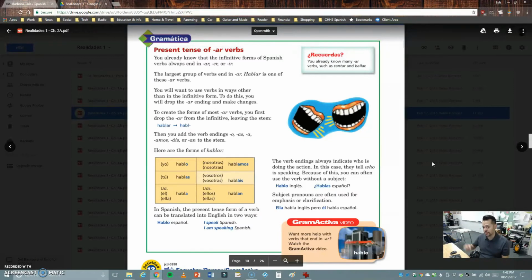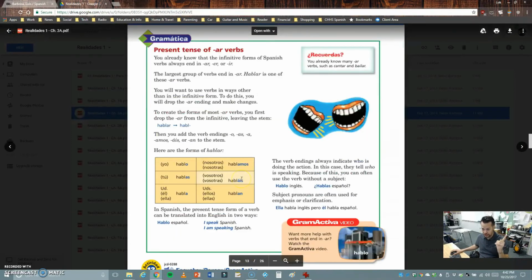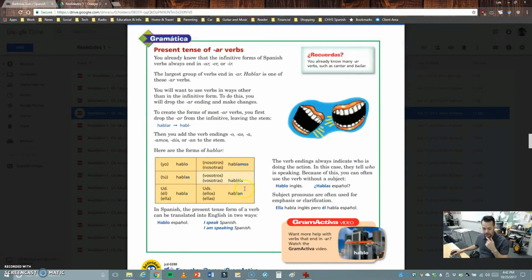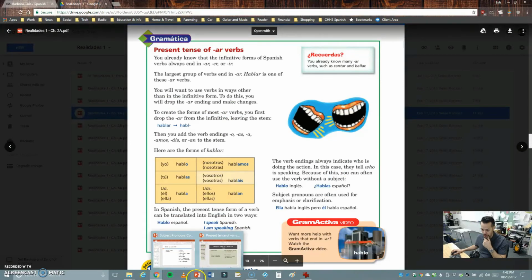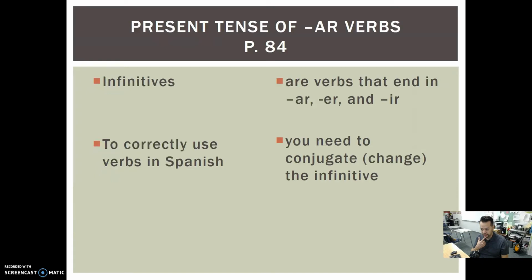So let's start with the largest group of verbs, AR ending verbs. And again, you see the information in front of you on page 84, página 84, but let me give you the PowerPoint version, which is going to condense it a little, and hopefully, it'll be a bit clearer as well. All right, so, this screen is essentially what I already told you, that all of these are going to conjugate, okay?